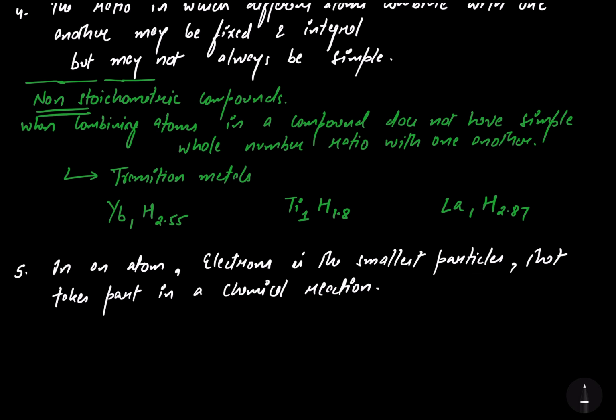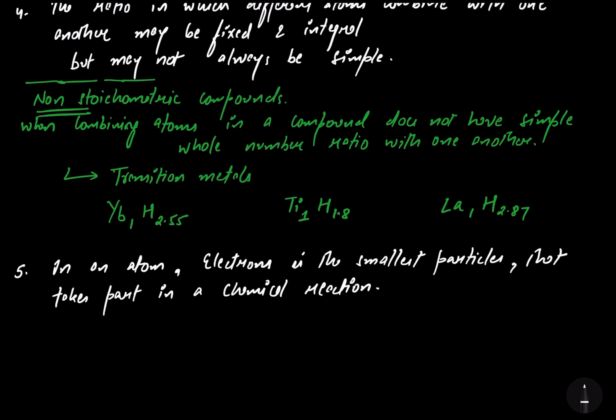So that's the fifth point that has been modified. The previous postulate says that atom is the smallest particle that takes part in a chemical reaction, but now it states that electrons are the smallest particles of atom that take part in a chemical reaction.